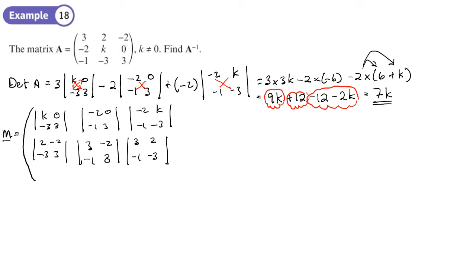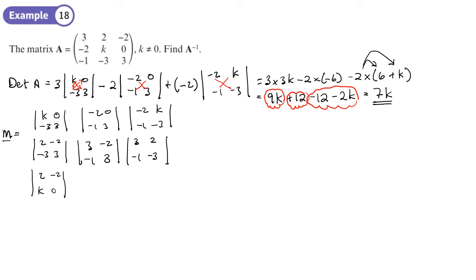Oops. So now we move on to the bottom row. So cross out those for the negative 1. I'll probably need to make my bracket a bit bigger. So that gives me the elements 2, negative 2, k, 0, to allow me to work out the minor.